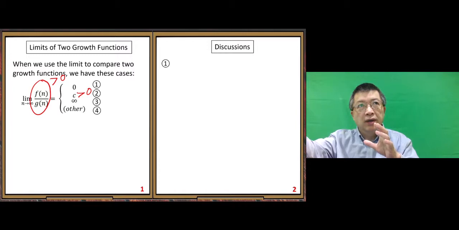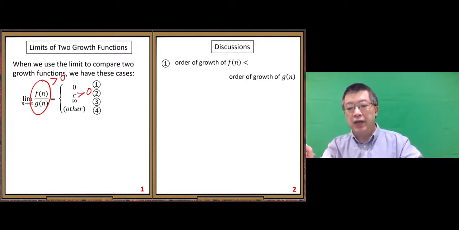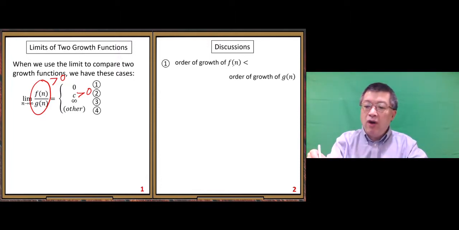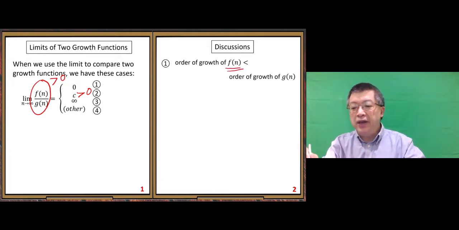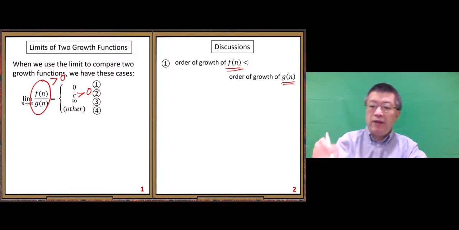The direct meaning is that the order of growth of f of n is less than the order of growth of g of n.